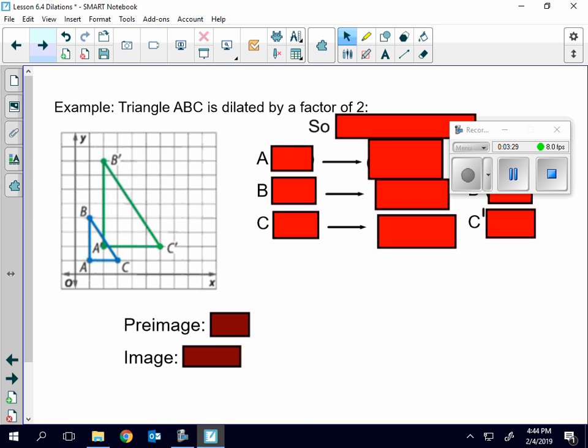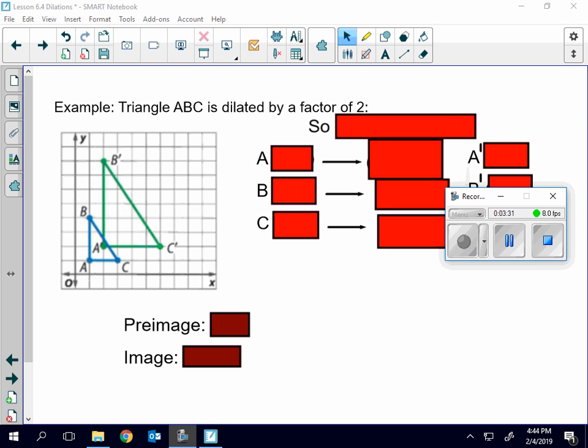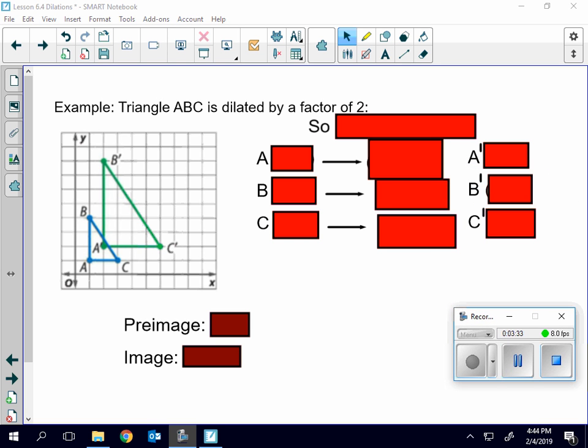Let's look at this example, just looking for now, and then we'll do an example together on your packet. So first, just looking. We have triangle ABC is dilated by a factor of 2. So find ABC, figure out which color is ABC. Hopefully you found that ABC was the blue triangle here.